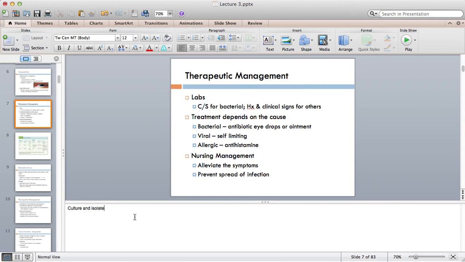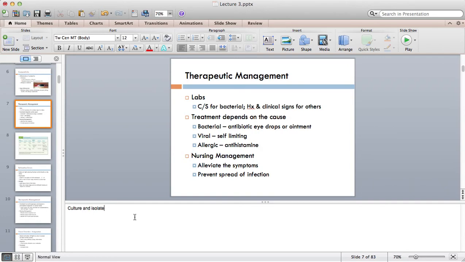And what you just need to do is to treat the symptoms that present. The child may present with fever, you treat the fever. If there are discharges or redness or tearing of the eye, all you need is to use a soft face cloth and just wipe the eye and do not rub it.